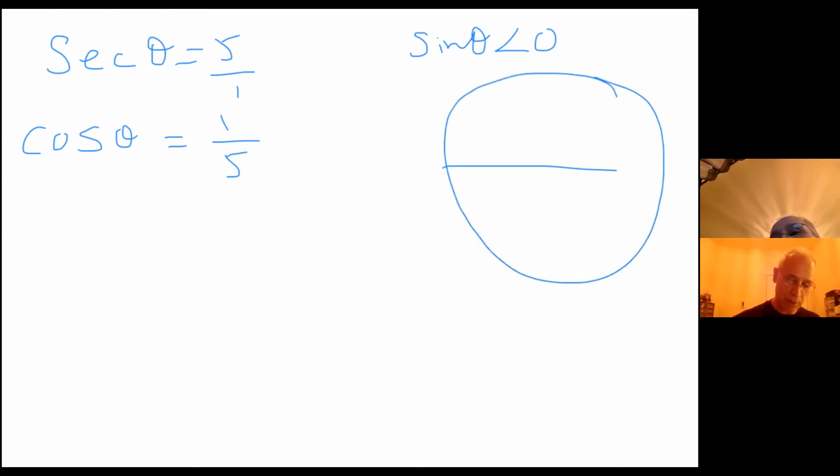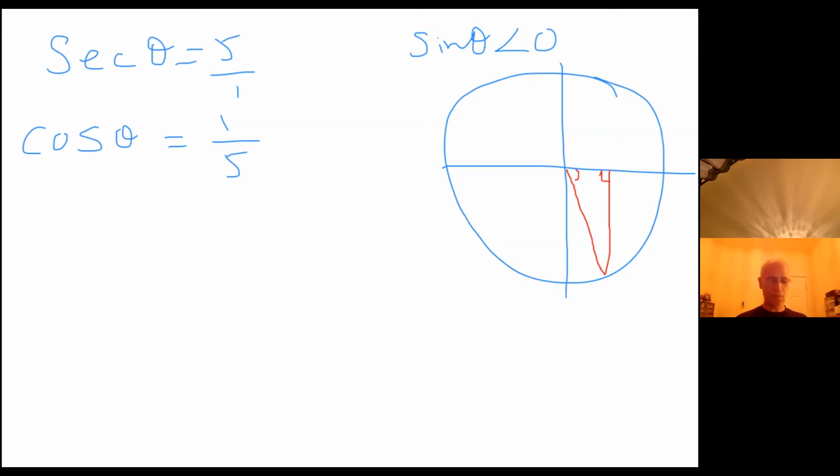So let me change the color. I have, let's put something like this. Here's my 90 degrees. Here's the theta. And cosine is adjacent over hypotenuse. Let's figure out that I have 5 squared equals 1 squared plus this side squared, you can call it b squared.